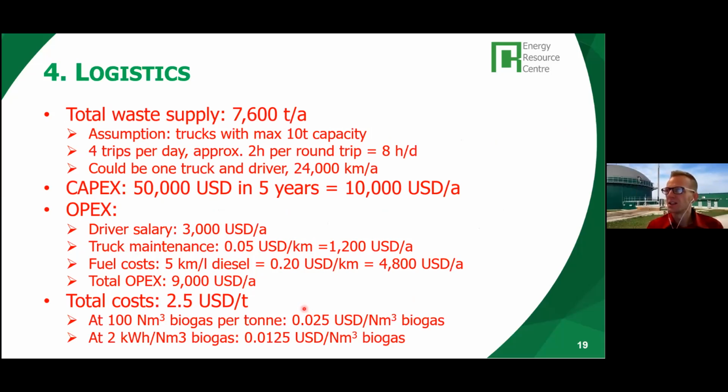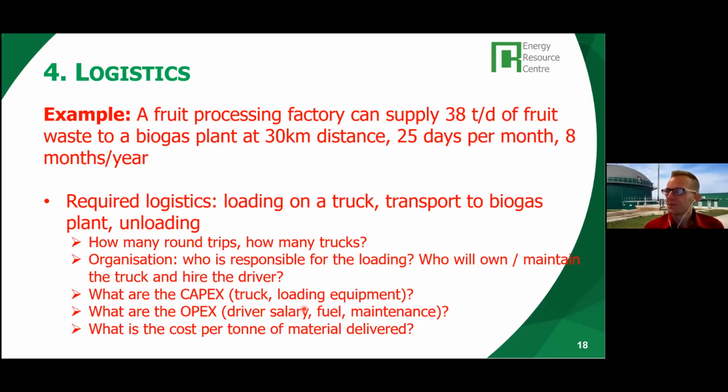This could be a first assessment of the logistics required, in this case, for the supply of fruit waste from a fruit processing company to a biogas plant at a certain distance for a certain number of days per month and months per year.